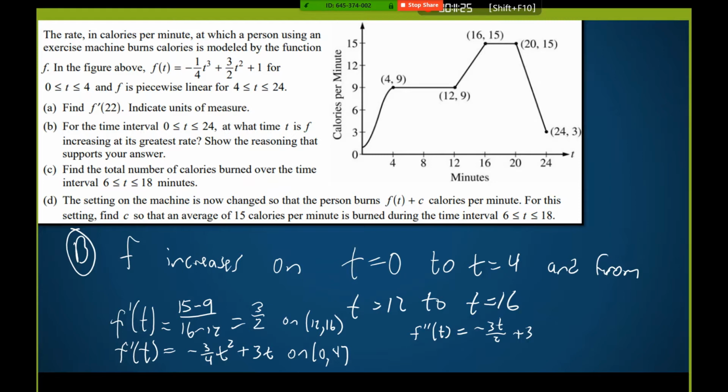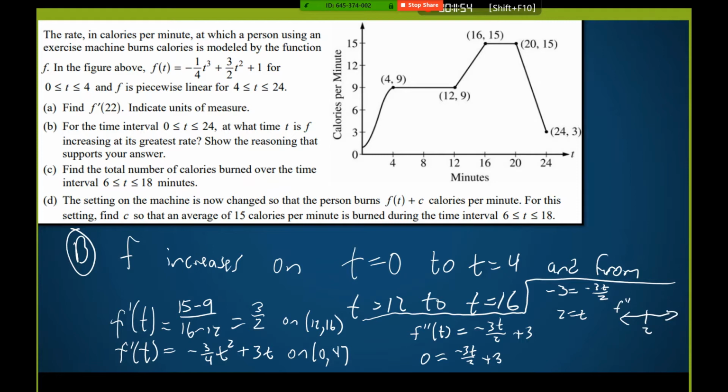So 0 equals negative 3t over 2 plus 3. Therefore, negative 3 equals negative 3t over 2, or negative 6 divided by negative 3 is 2. t equals 2.